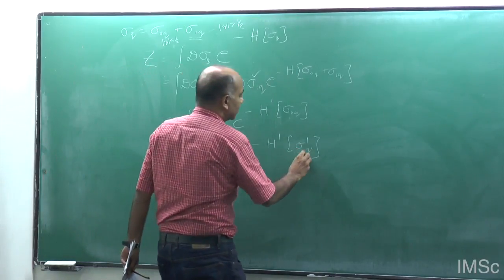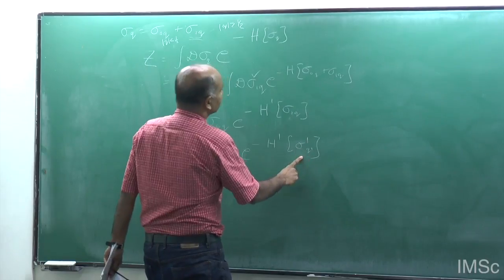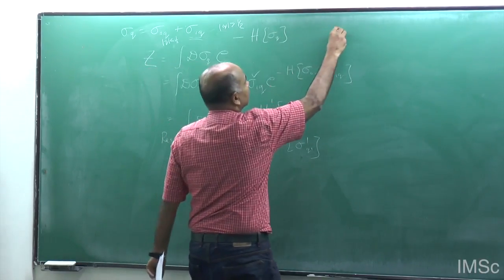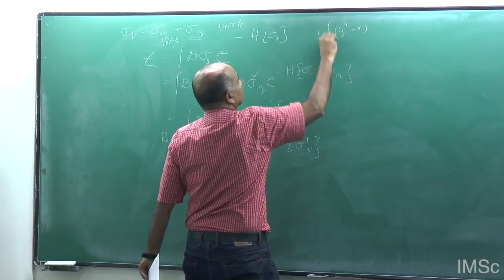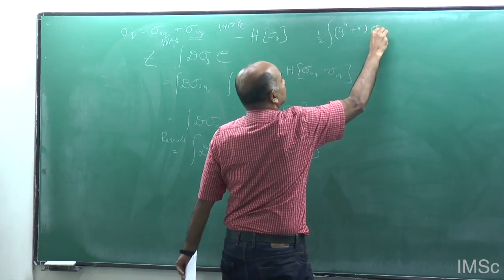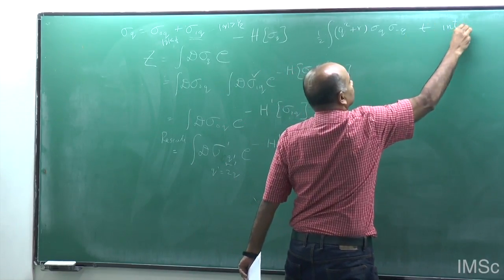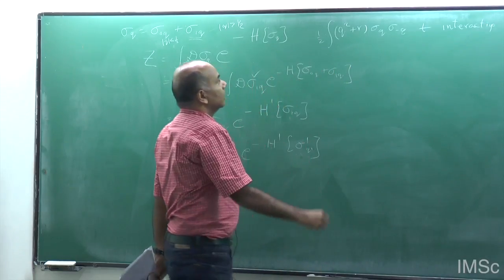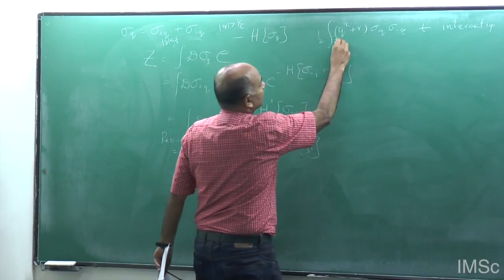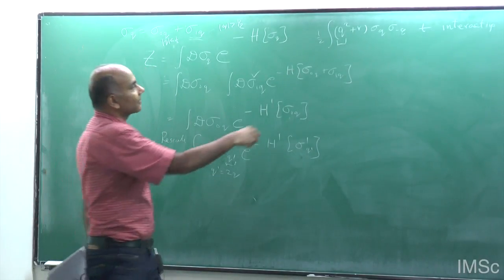And you've chosen the normalization of sigma prime so that the kinetic term, remember this had a kinetic term which was q squared plus r, plus interactions. The interaction was a quartic. So we choose the normalization so that this thing continues to be half q squared plus something else.